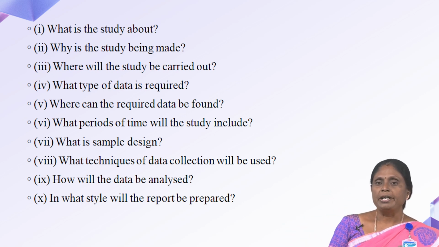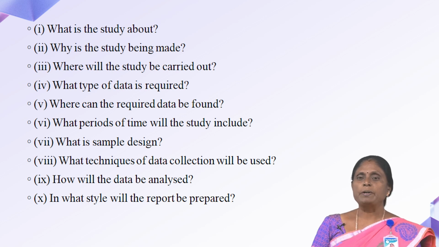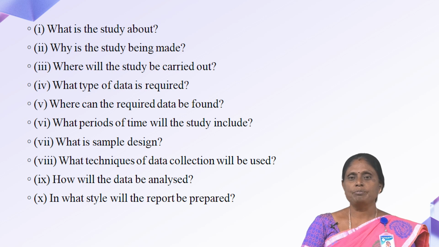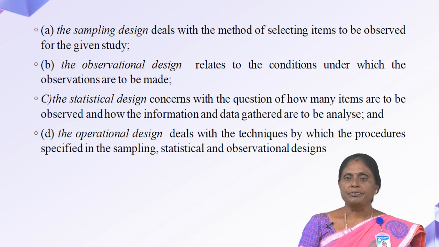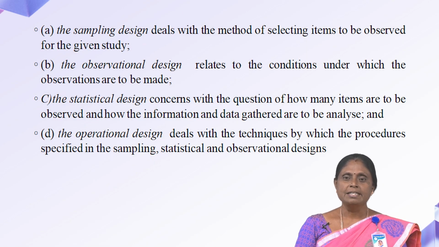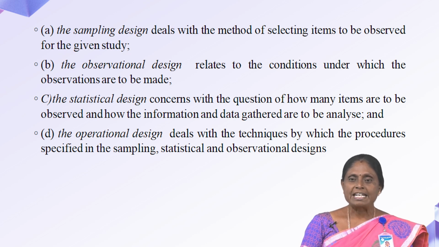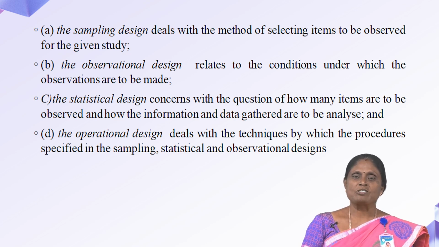Keeping in view the above stated design decisions, one may split the overall research design into the following parts: first, sampling design; second, observational design; third, statistical design; and fourth, operational design.